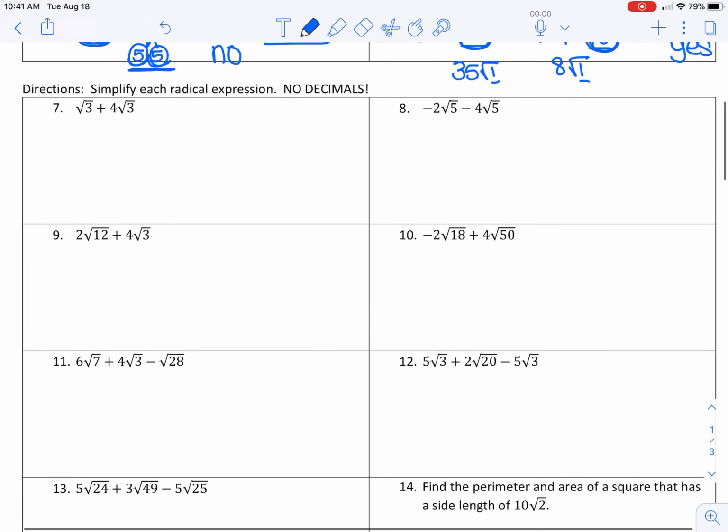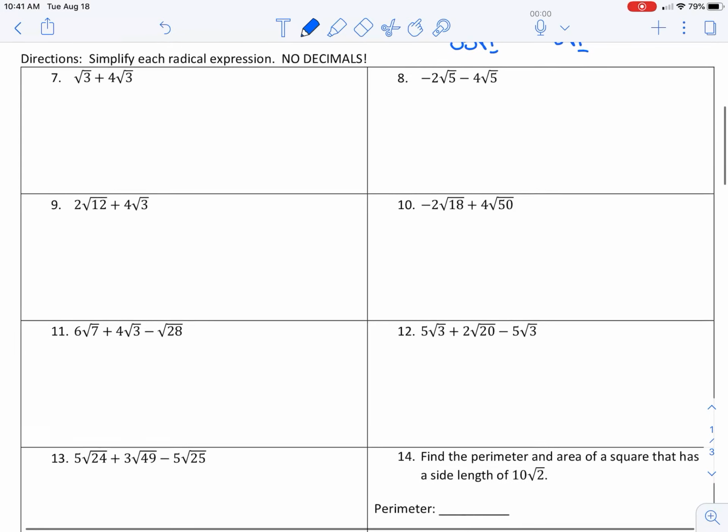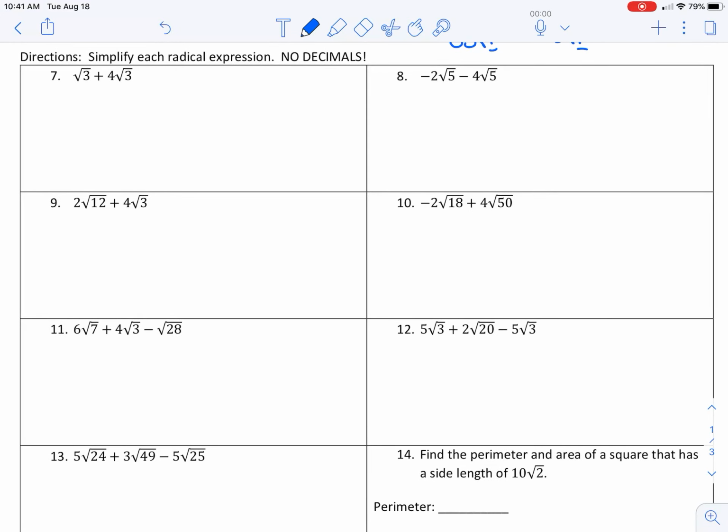So if we look at number 7, 7 and 8 are probably the simplest version of this type of question that we would get. So if you look at 7, we have root 3 and root 3, which means those are like radicals. The only thing you have to do, you do not add what's inside the radical. You keep the root 3, and you add what's in front of the radical.